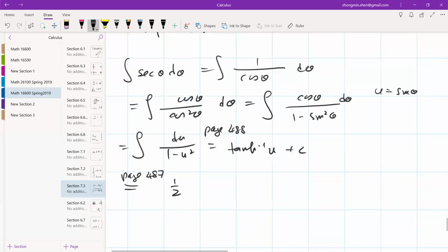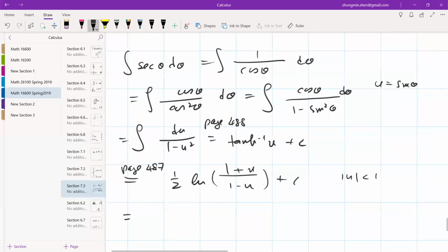This is just half of h log. Now be careful about the u. Is u less than 1 or not? Yeah, use the sine theta. That's why it's okay. It's 1 plus u and 1 minus u. Okay, and here it's true for u less than 1, but I will use sine theta. So I don't have any problem with this.